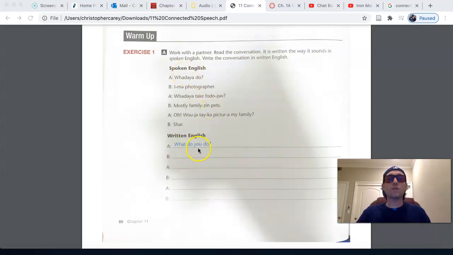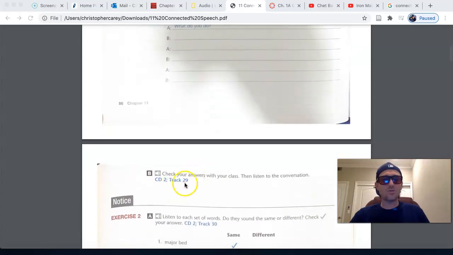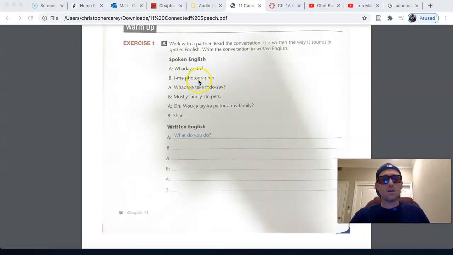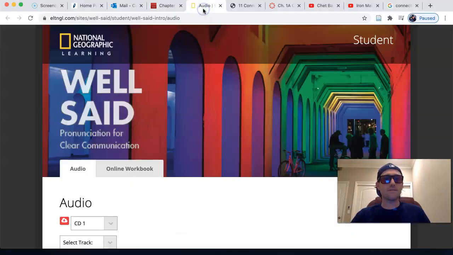Write it in written English the way it would correctly be written. And notice the differences in how spoken English, the words are much more connected or bunched together than written English. So I'm going to play CD2 track 29. Follow along. And as you hear each part, write down in written English what it is you think you hear.